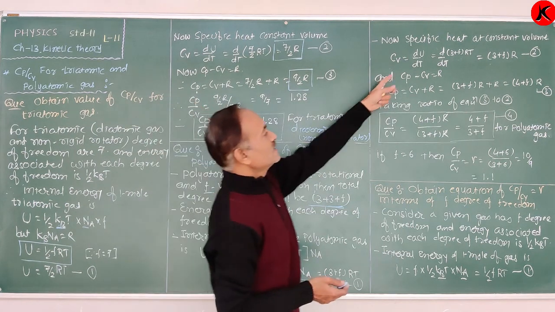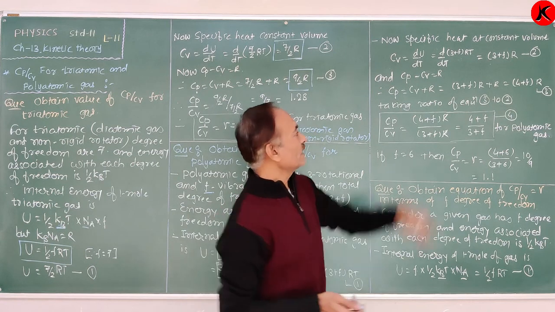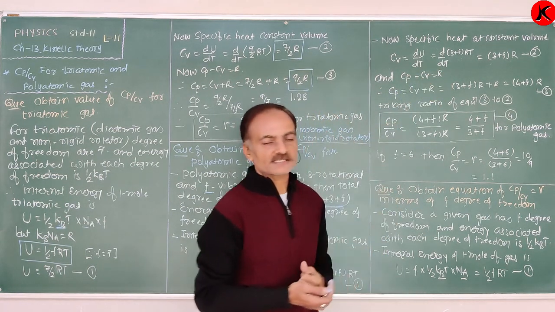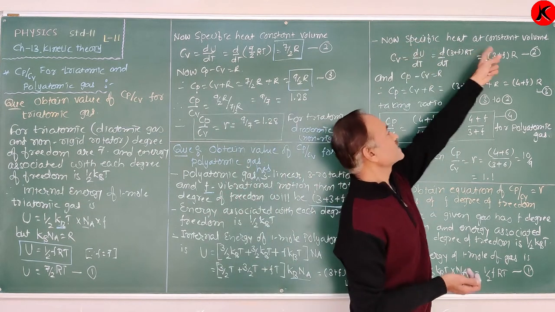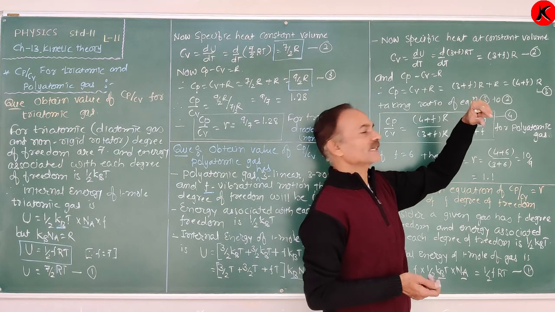And we know that Cp minus Cv is equal to R. Therefore Cp is equal to, taking the Cv to this side, Cv plus R. Substitute the value of Cv, (3 plus F) into R plus R. R is taken common.